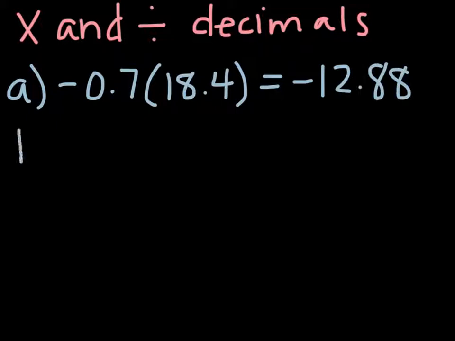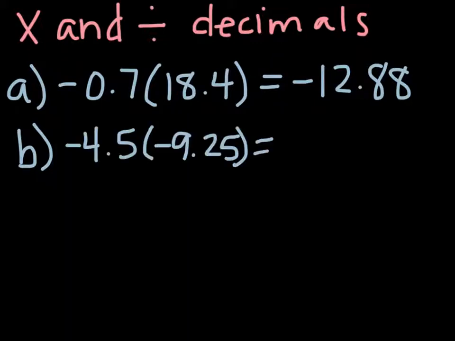Our next problem asks us to multiply negative 4 and 5/10 by negative 9 and 25 hundredths. We have two negative signs, therefore our answer will be positive. And our answer is 41.625, 41 and 625 thousandths. Since the sign is the same, our product is positive.